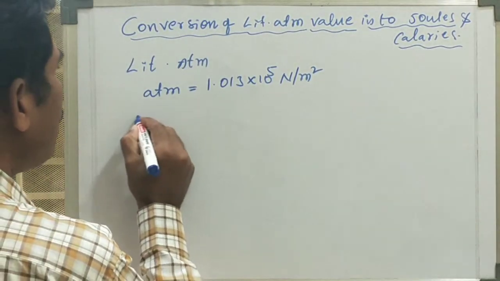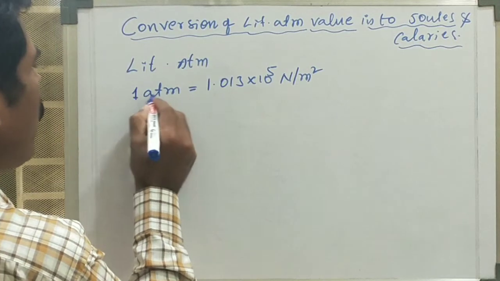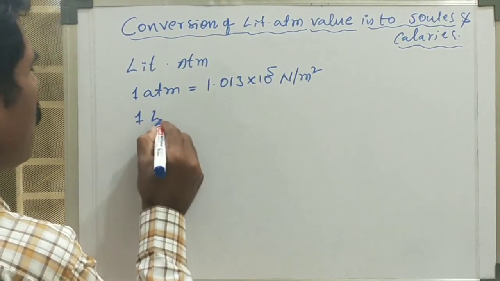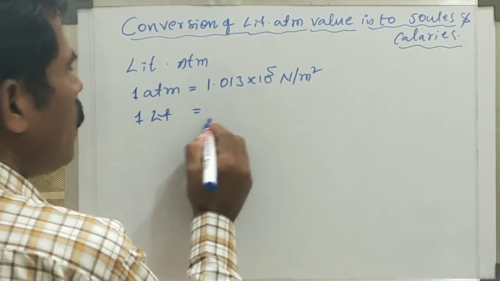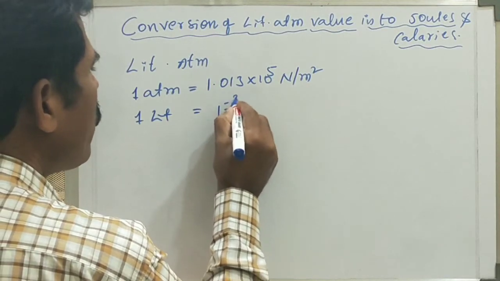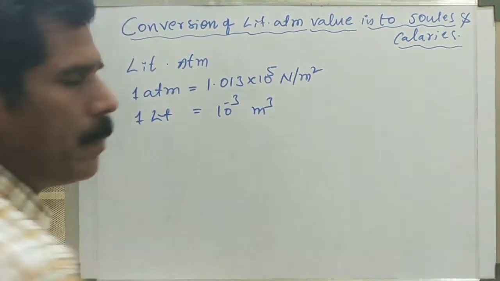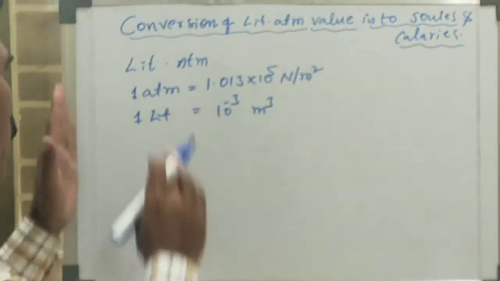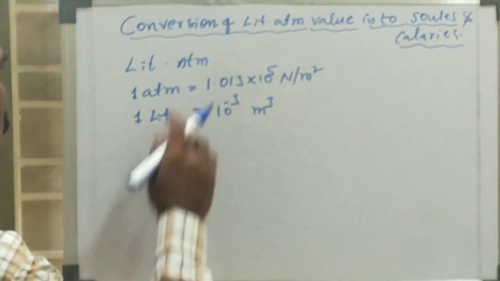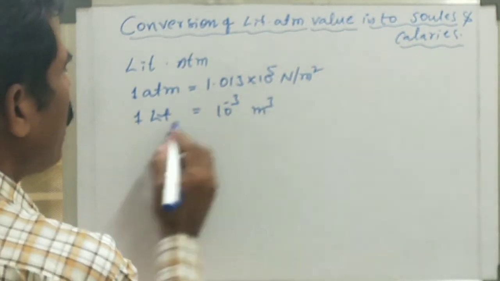And 1 liter is equal to 10 to the power of -3 meter cube. You have to multiply both the values.